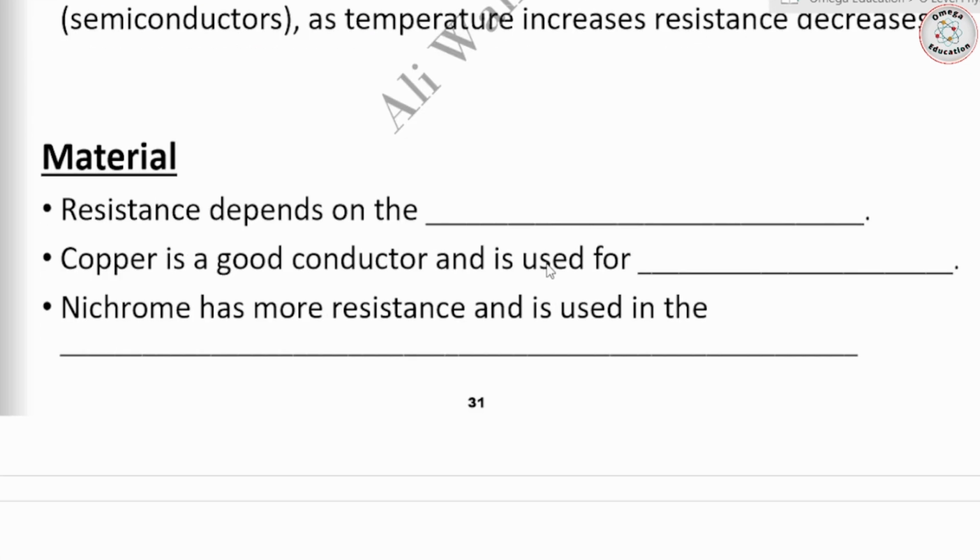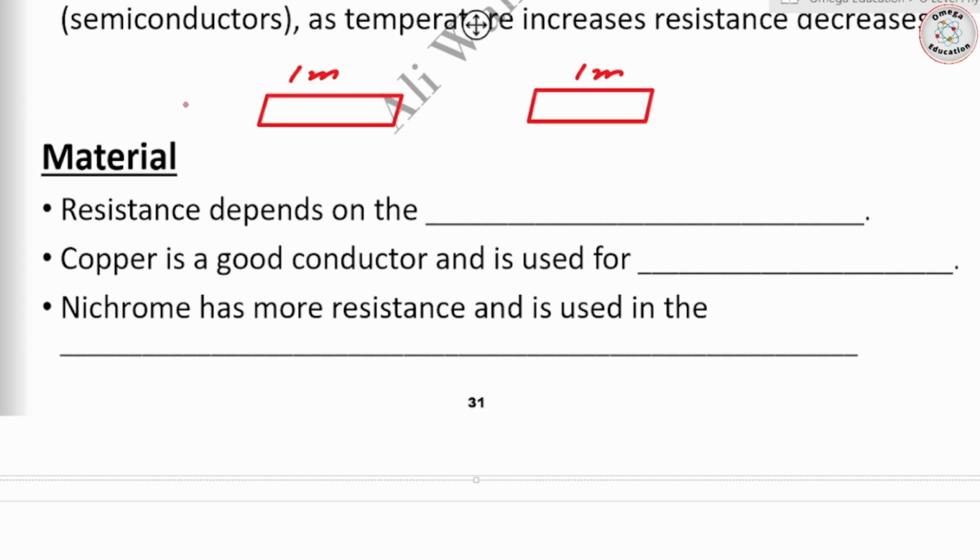Then the other thing is the material of the conductor or the material of the wire also determines the resistance, right? So for example, let's assume you have two wires or two metal bars. First one is 1 meter long, the other one is 1 meter long. First one has a cross-sectional area of 1 centimeter square.